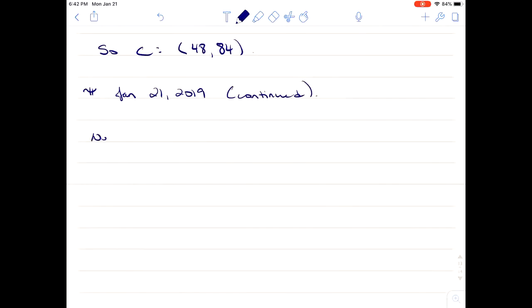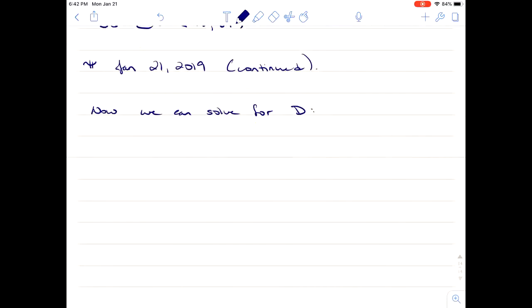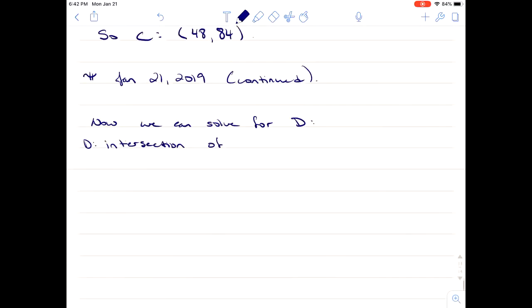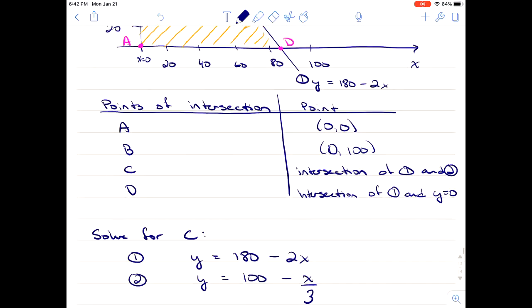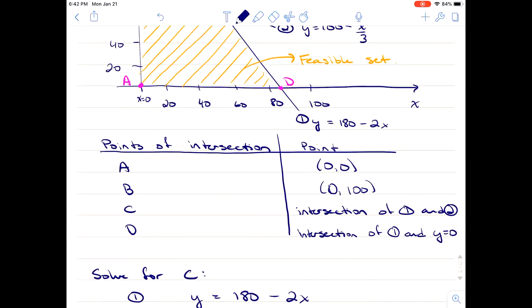Okay, so now we can solve for D. From our notes, D is the intersection of line 1 and y equals 0. You could either look at the graph, or if you made one of these tables, you can just go from the table.